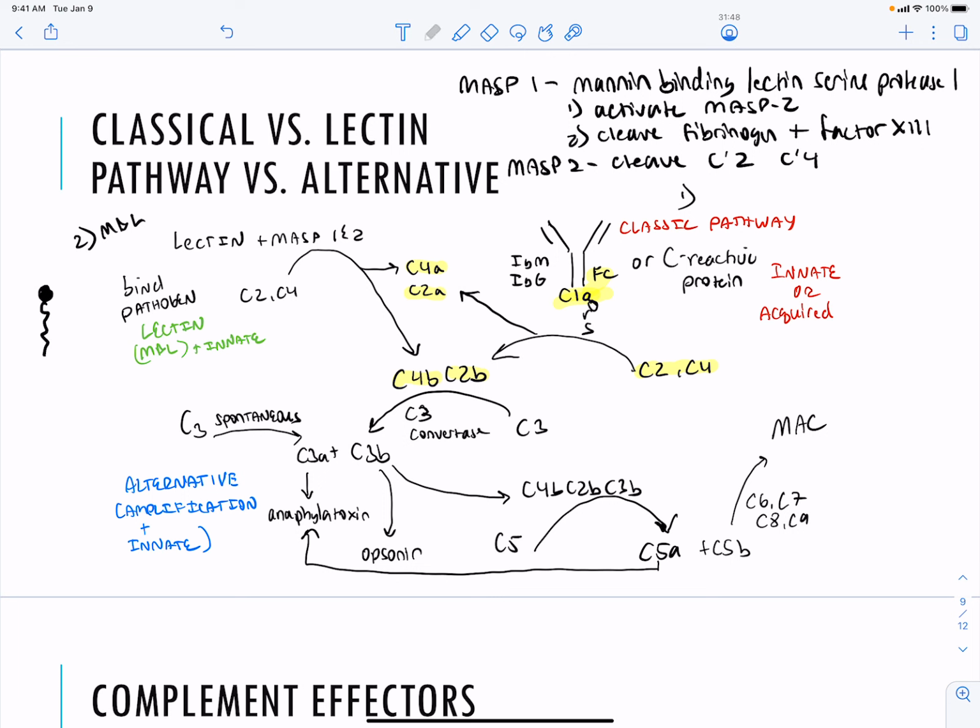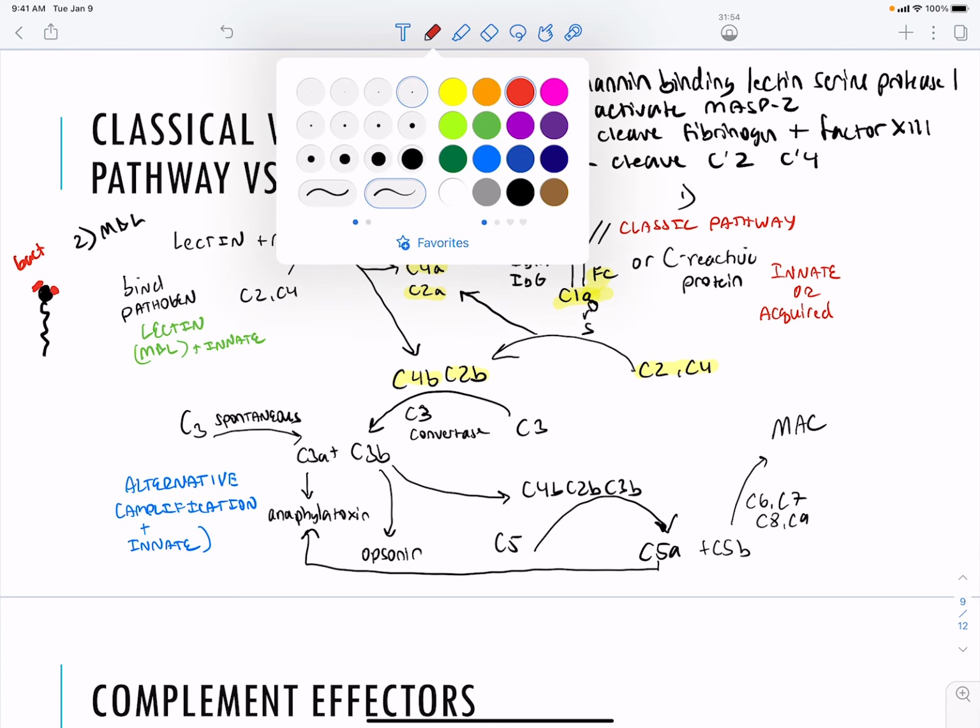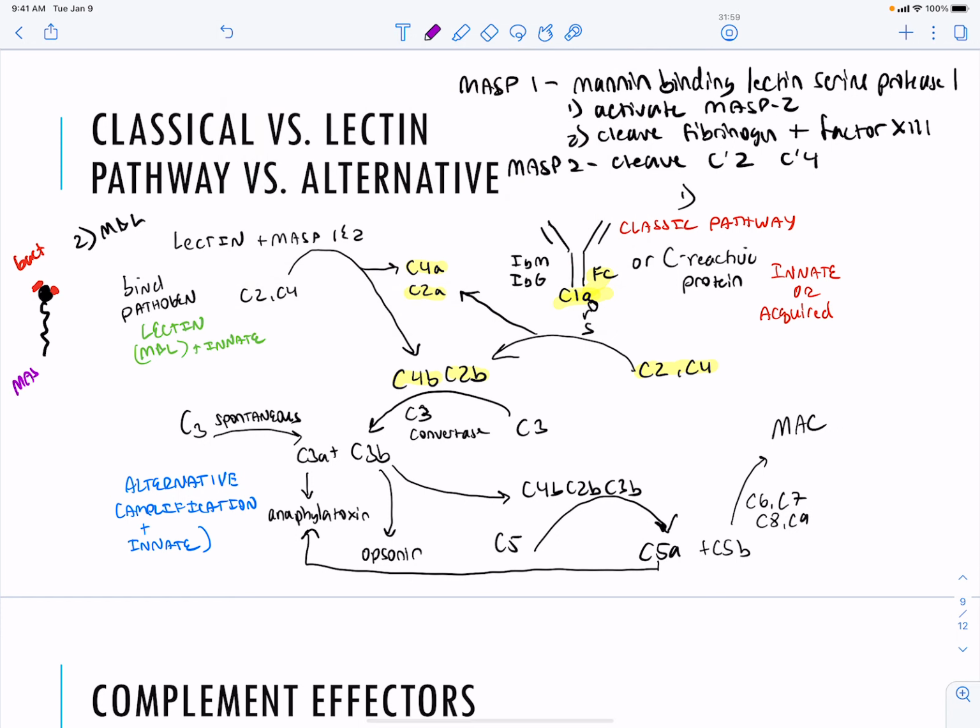And so you have the bacteria that will bind, and then you're going to have MASP1 and MASP2 recruited, and then MASP2 is what's going to cleave your C2 and C4 into C2A, C2B, C4A, C4B. Same thing that happened in the classic.